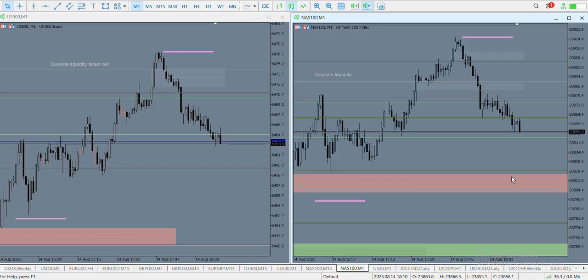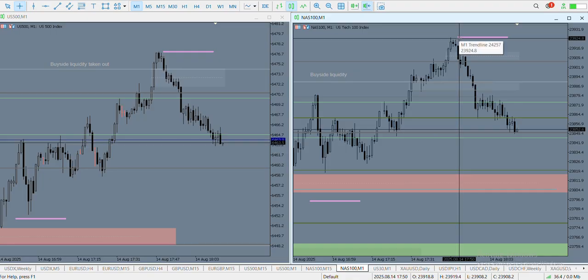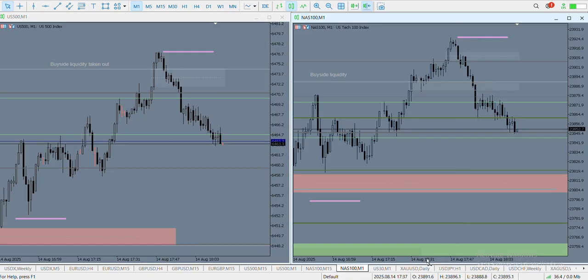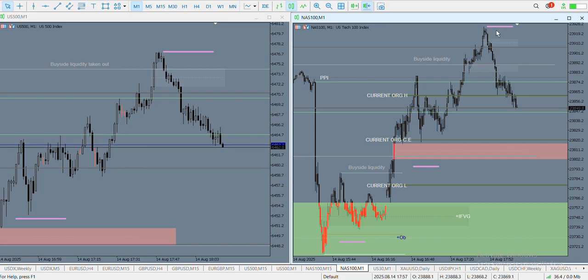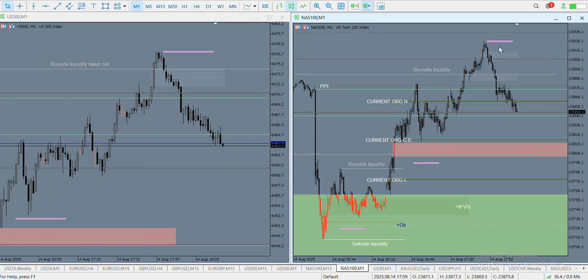So we're getting into London close, and that time period already. The daily high, most of the time, has already been formed. So today's daily high, you can see it right here. That is 23,924. I think if we challenge this daily high, that could be a very interesting place to be going in on a short.